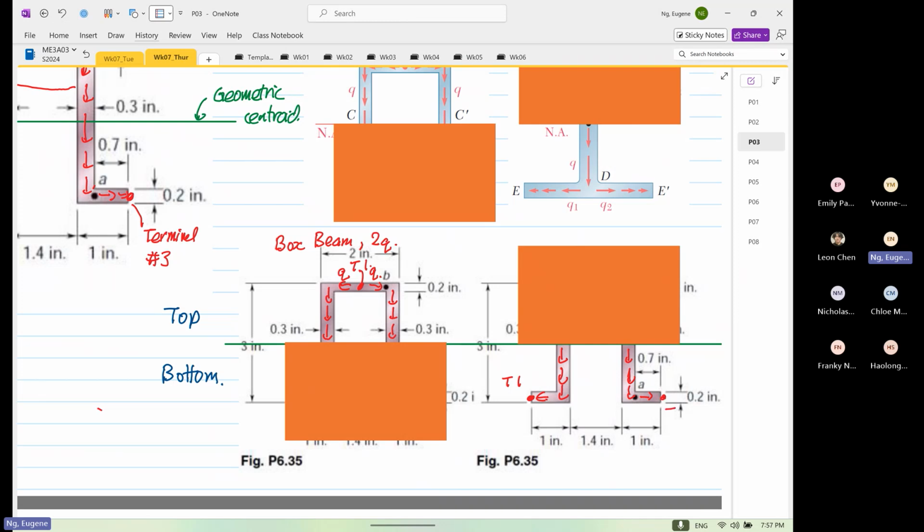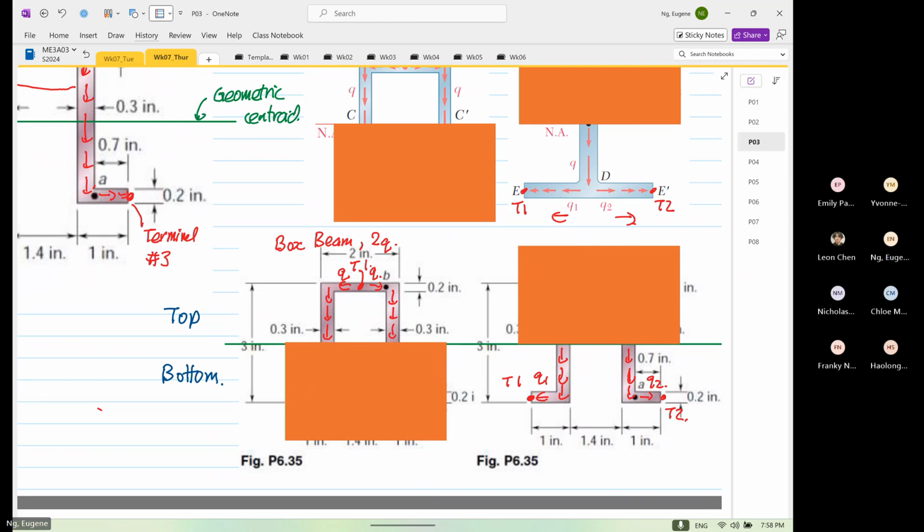And then we have our terminal 2. Right? So if you look at the wide flange, this is our terminal 1 and this is our terminal 2. So for wide flange, below the structure, you have 2 terminals. Likewise, you have 2 terminals. And you have Q1 going one side and Q2 going to the other side. So you have Q1 going this side and the other side is our Q2.